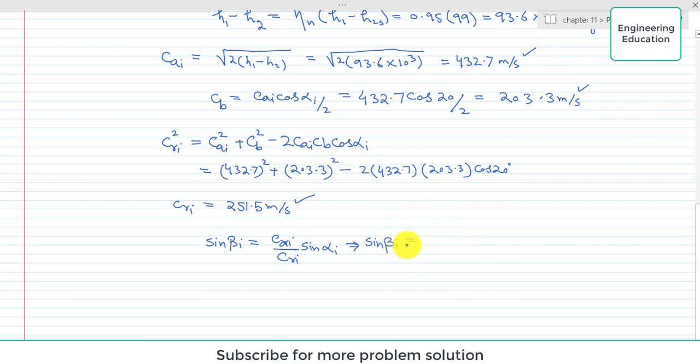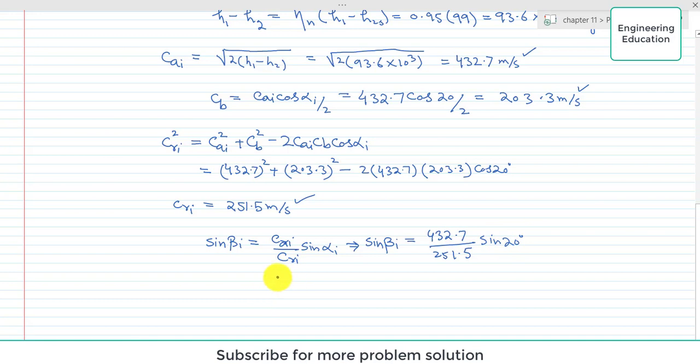So sine beta I is equal to 432.7 divided by CRI, calculated here as 251.5, and sine alpha I is 20 degree.